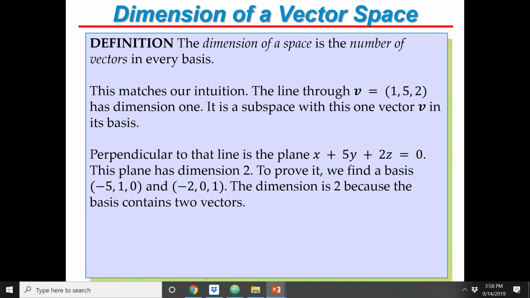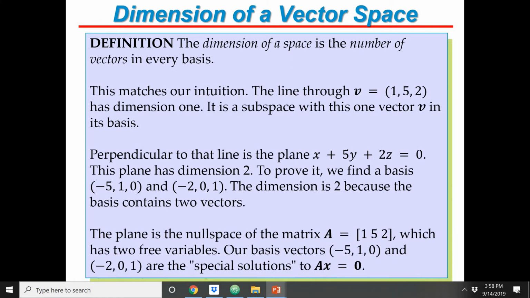And if you think I got these numbers out of nowhere, somebody can ask how I generate them. I took y equal to 1 and z equal to 0 to get this one, and then I took z equal to 1 and y equal to 0 to get that one. But the best way to do this is to look at this plane as the null space of a matrix that is 1, 5, 2.